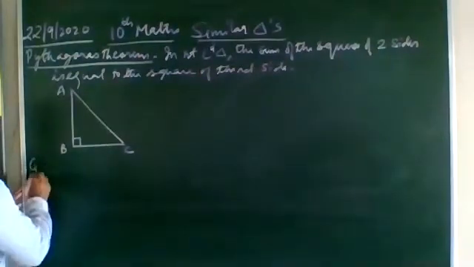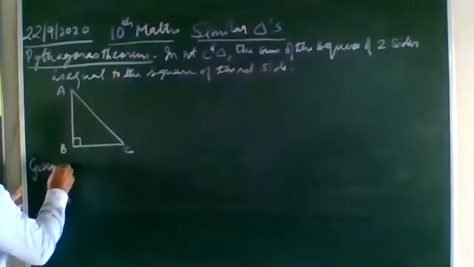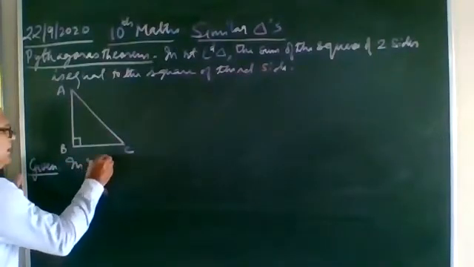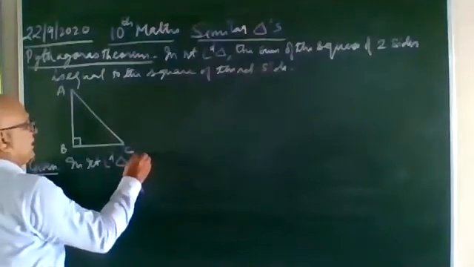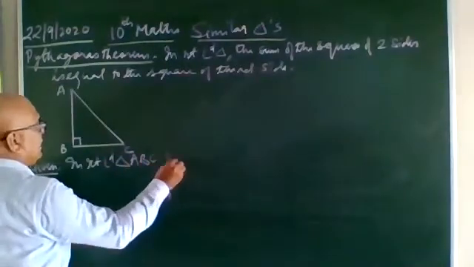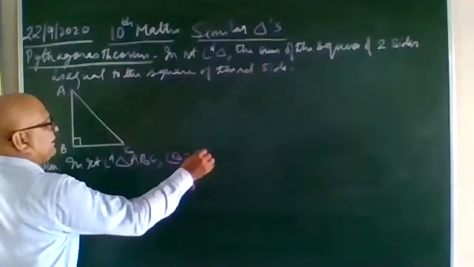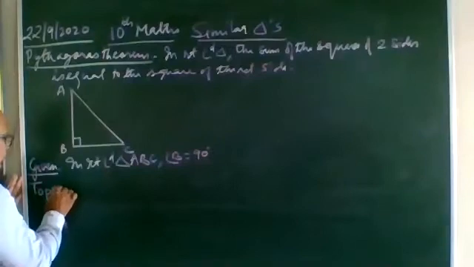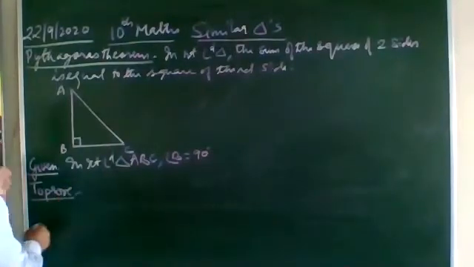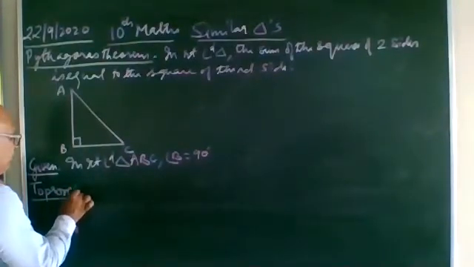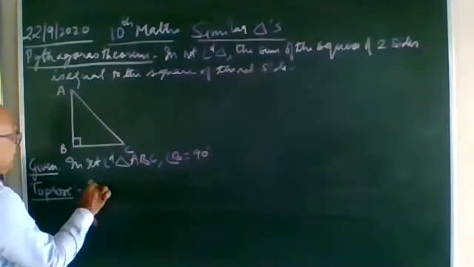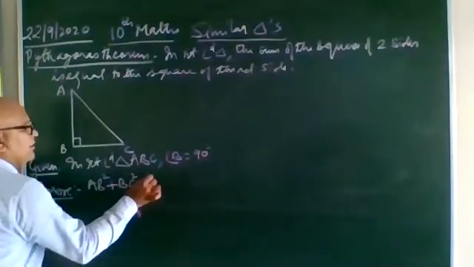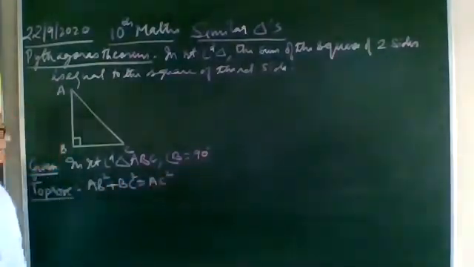So given, in right angle triangle ABC, angle B 90 degree. To prove that is AB square plus BC square equal to AC square.